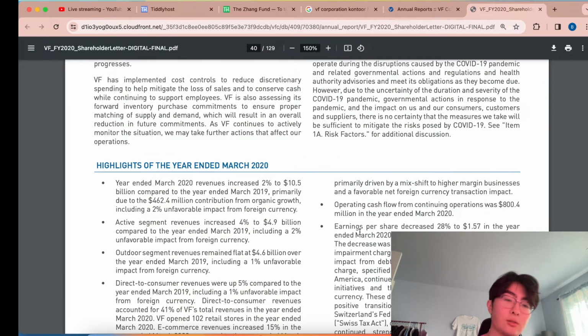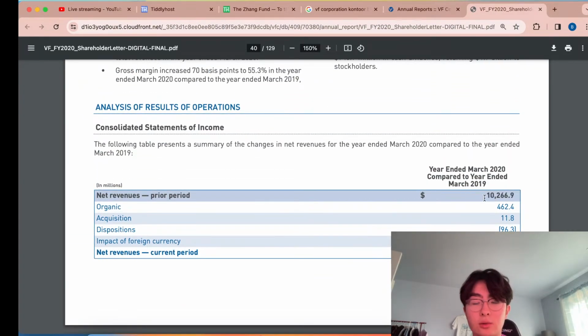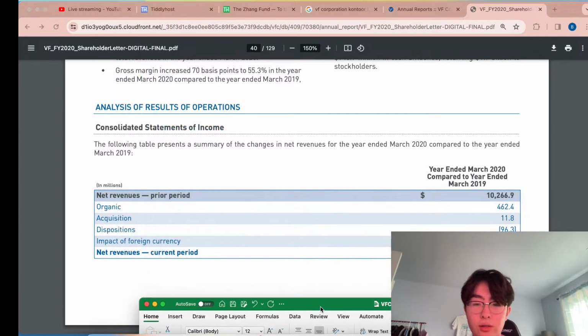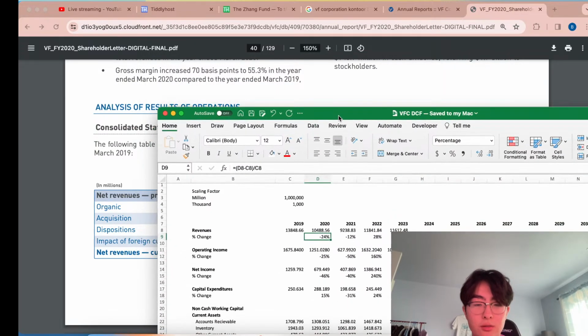So I'm curious as to why in 2020 in their income statement, they have 2488.56. Okay, so that's reasonable.